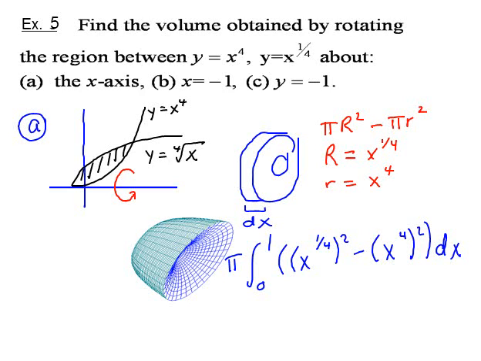So the area of the face of a slice will be found by pi times outer radius squared minus pi times inner radius squared, where the outer radius is y equals x to the 1/4, and the inner radius is y equals x to the 4th. The volume is pi times the integral from x equals 0 to x equals 1, where the two graphs intersect, of (x to the 1/4) squared minus (x to the 4th) squared dx.